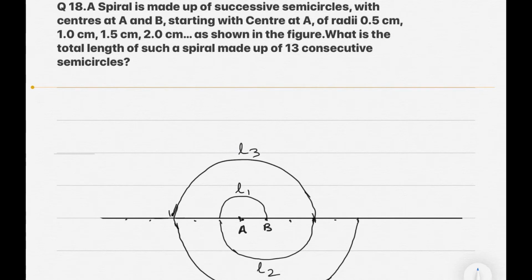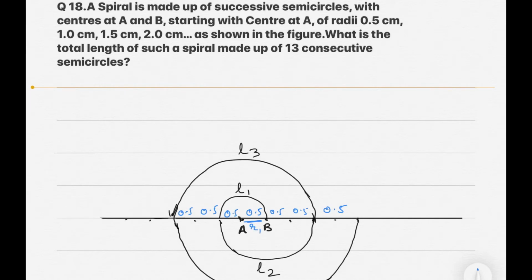So my first center is at A, and the radius is 0.5. So this is my 0.5. This is also 0.5. This diagram is given to me, right? And all these are 0.5 distances, I can say. Okay, so check that this will be my first radius for L1.